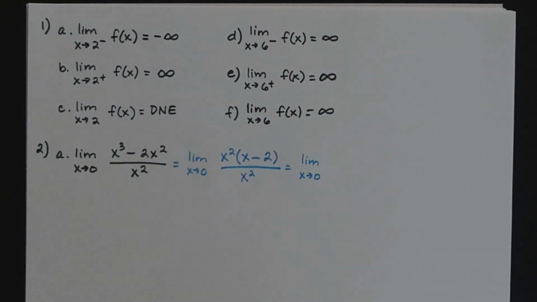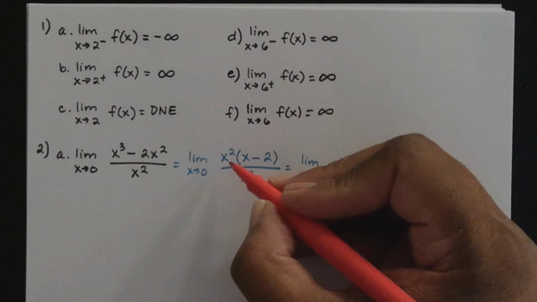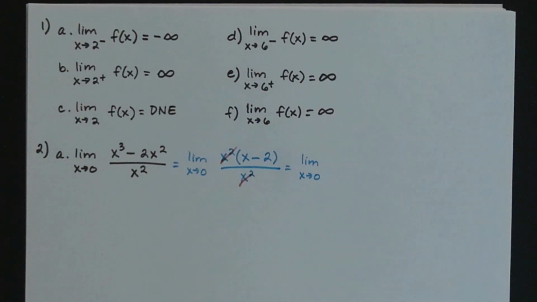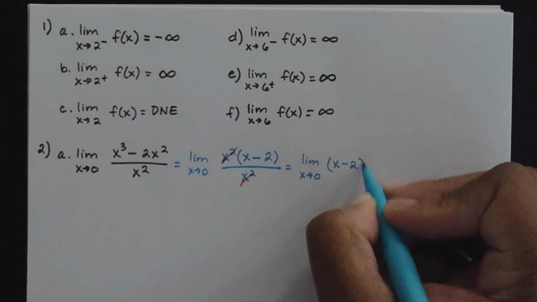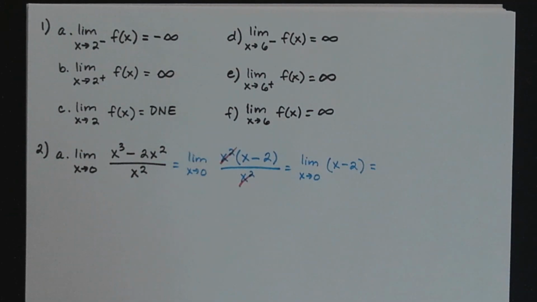Now if I simplify this, as you can see, the x squares will divide out. So all I'll be left with is the limit as x approaches 0 of x minus 2. And in this case here, I have a linear function. I can use direct substitution here.